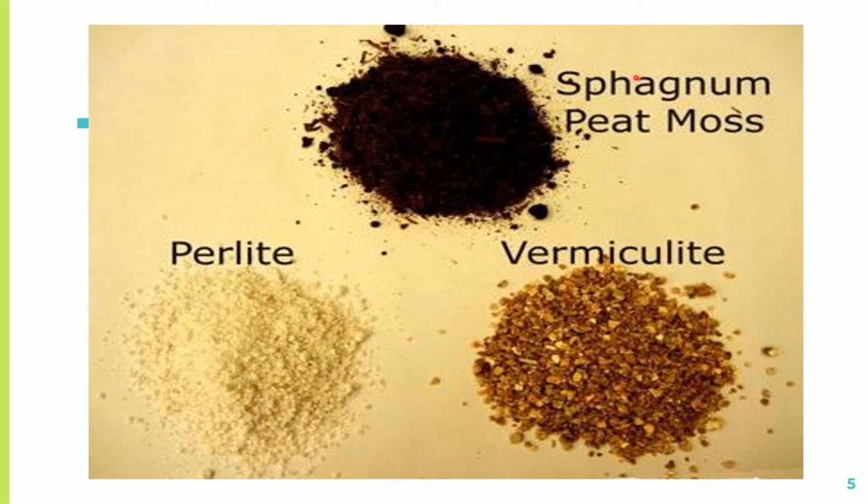I hope you got it right. As you can see, class, these pictures illustrate an example of a growing media. We have perlite, sphagnum peat moss, and vermiculite.